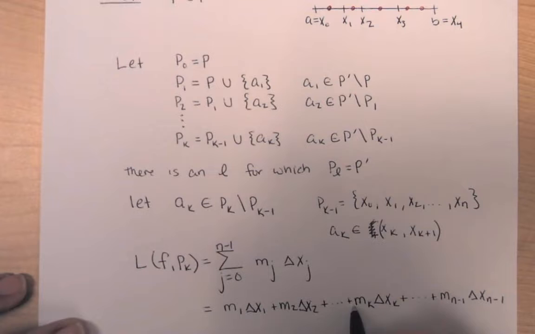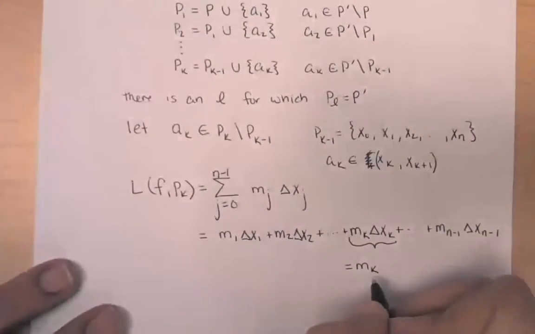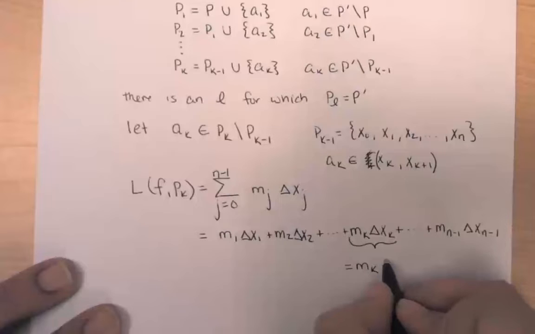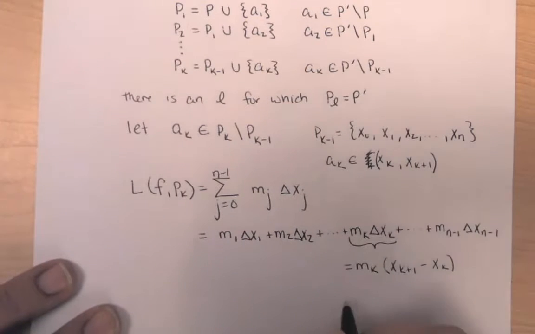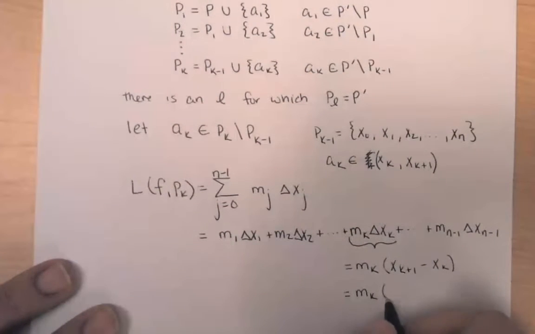Now, let's look at this kth term. This kth term is equal to mk times xk plus 1 minus xk, which is equal to mk times xk plus 1 minus ak plus ak minus xk.